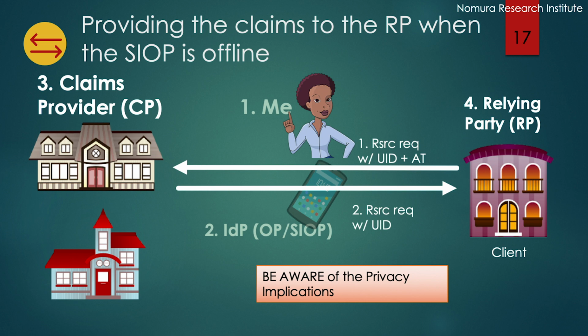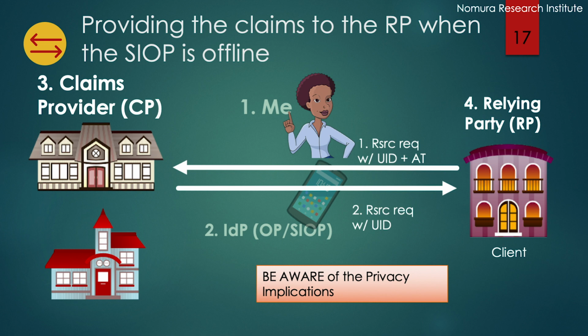In this case, the relying party is obtaining the tokens directly from the claims provider, which means the claims provider can actually find out where I'm presenting that token. So some of the privacy protection feature is gone.